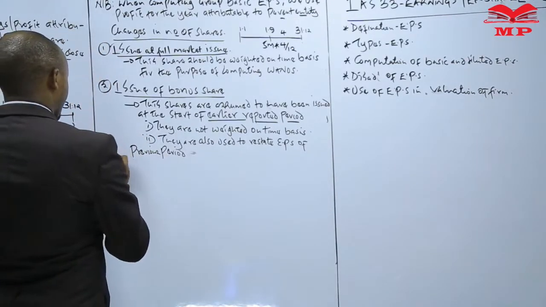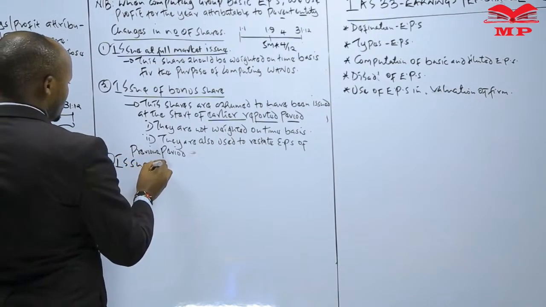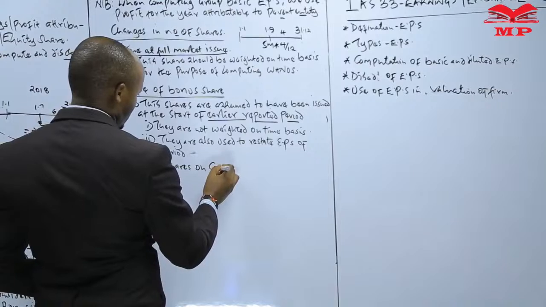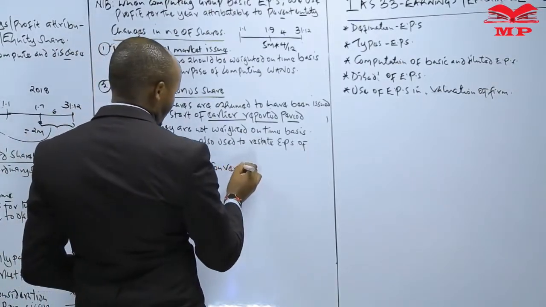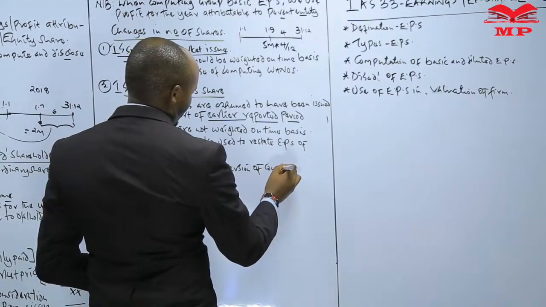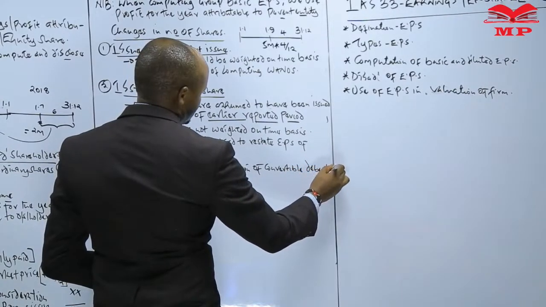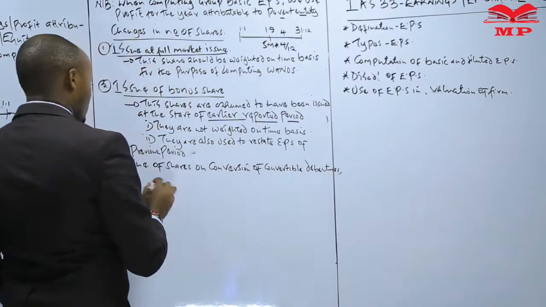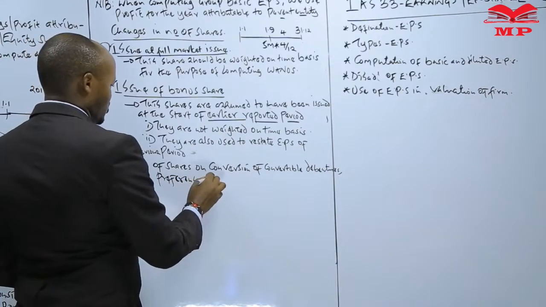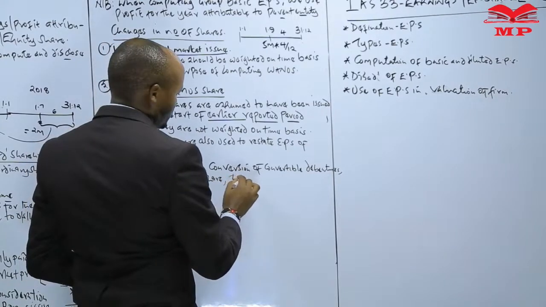Then from there we have the issue of shares on conversion of convertible debentures, convertible preference shares, or convertible loan stock.